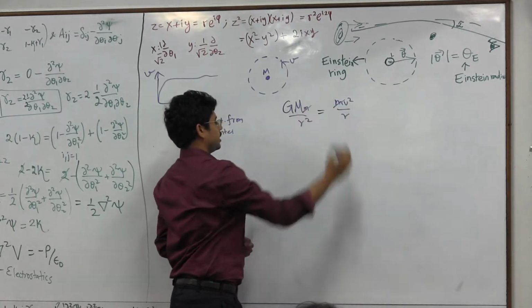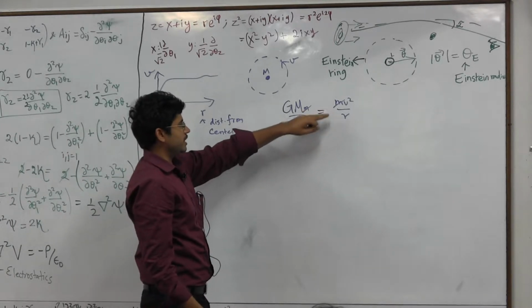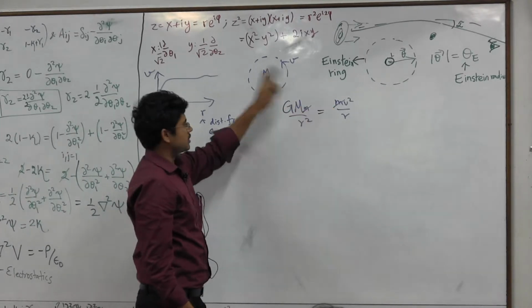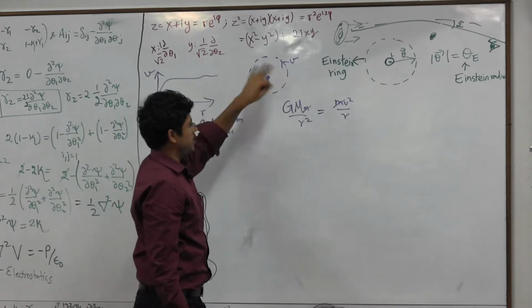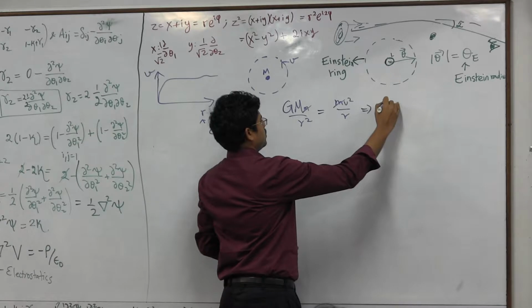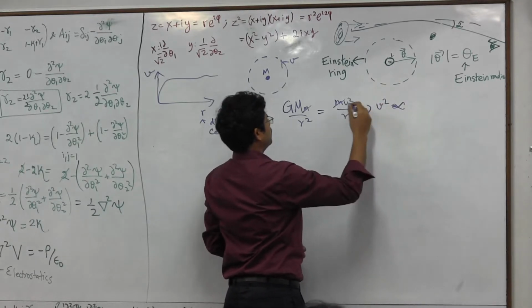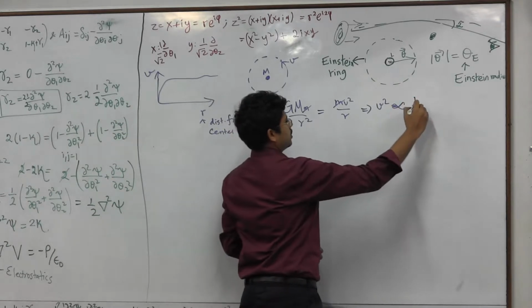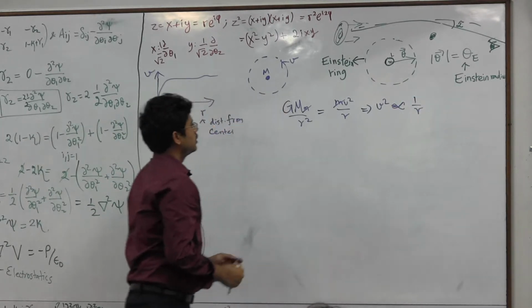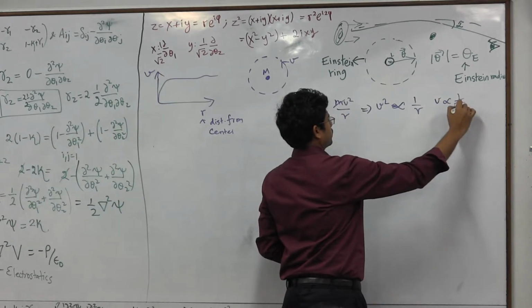And cancel this m. Pretty much in no gravitational problem will this small m, the mass of the lighter object, remain. You get v squared is proportional to 1 over r, or v is proportional to 1 over the square root of r.